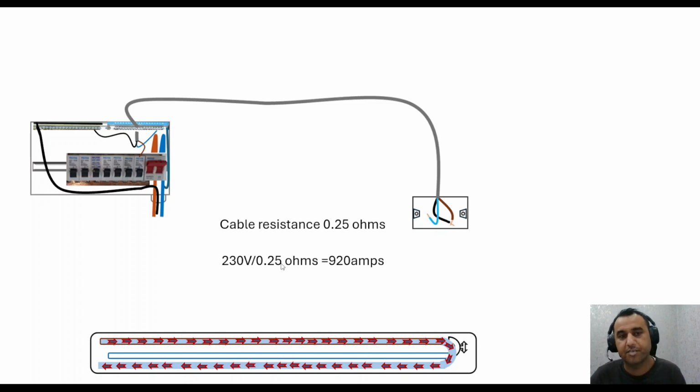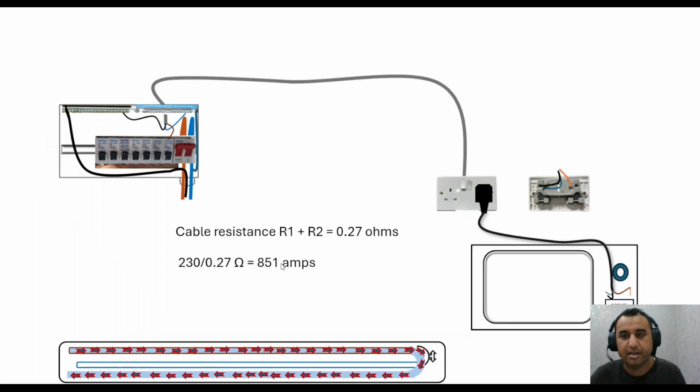MCB tripping time here. But sometimes it could be a situation where the cables are fine, they're intact with the socket, they are where they should be, but there could be a problem inside the appliance, with the line cable in contact with the metal body of this microwave. Obviously the circuit protective conductor will also be in contact with the metal body of the microwave, and the neutral is connected where it should be.